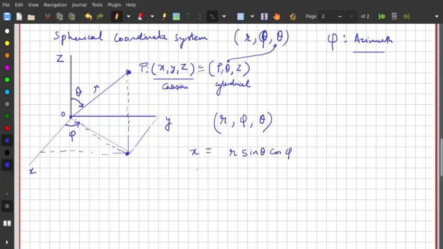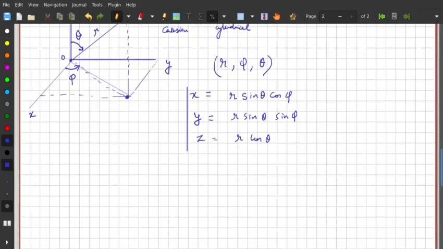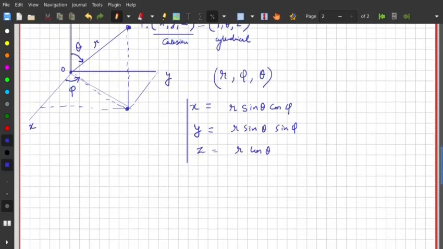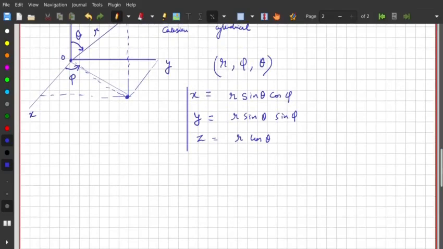So that's x. Similarly, y will be r sine theta sin phi, and z will be r cosine theta. Clear on that?